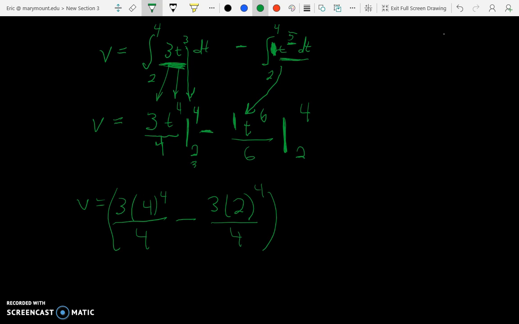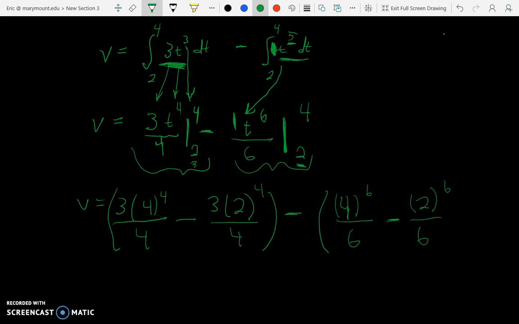That is the result of evaluating this first part. Then I need to subtract off the second part of my integral. I plug in the final position, 4, for my t, and get 4 raised to the 6th power, all divided by 6, then minus plugging in my initial t, my 2 raised to the 6th, all divided by 6.